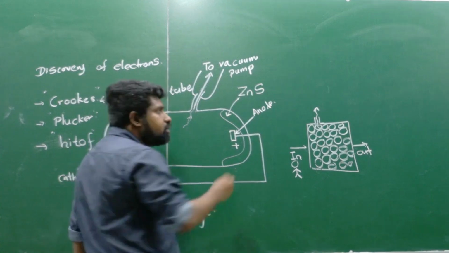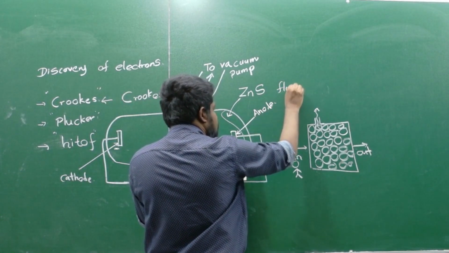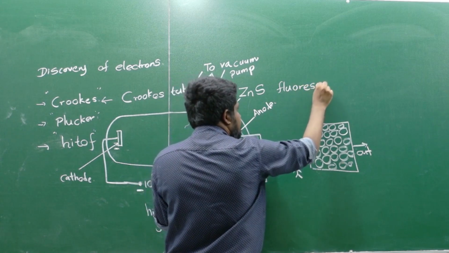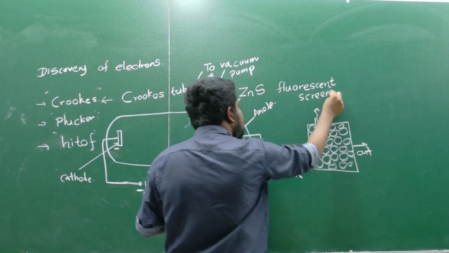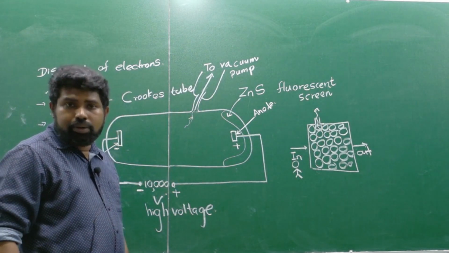This material shows a specific property known as fluorescence. So this is the zinc sulfide fluorescent screen, placed closer to the wall of the anode.